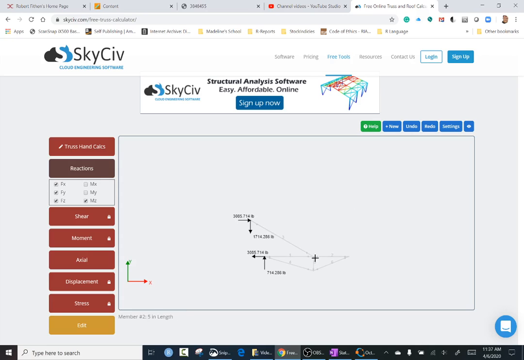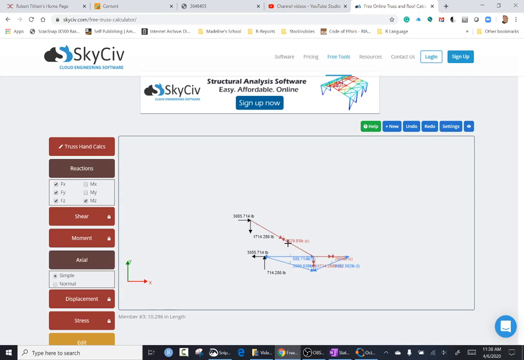I guess that was 0.2 right here, but putting this little part down here that essentially made this 1, 4, 5, 2, and 6 somewhat rigid, like a beam. Let's see, axial load turns out 3529.93. It turns out that none of these are beam-like, and this is a 3084, and this is the 714. So that's a way of using a truss to find out the loads in a beam.